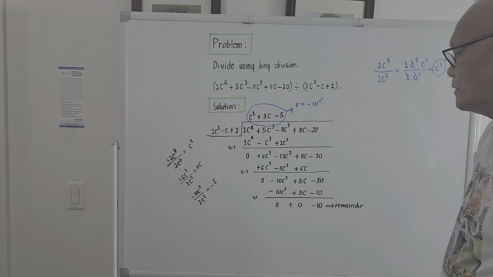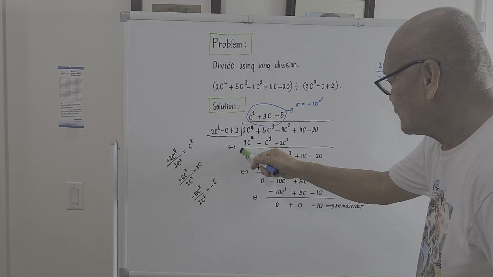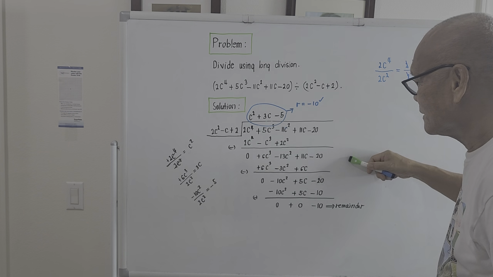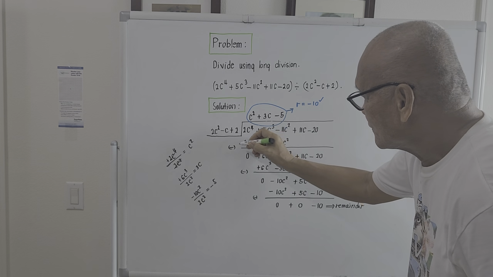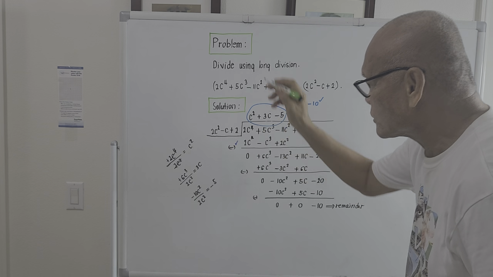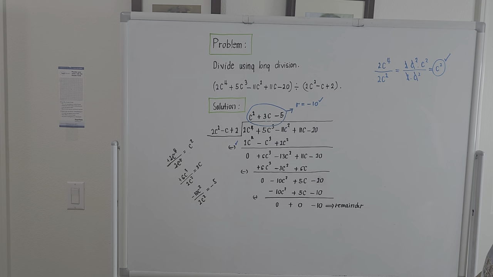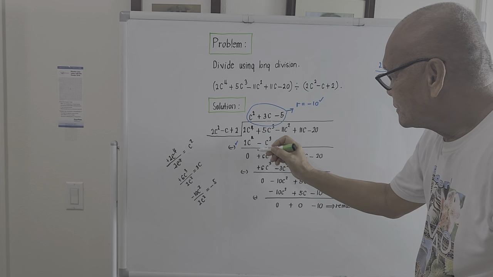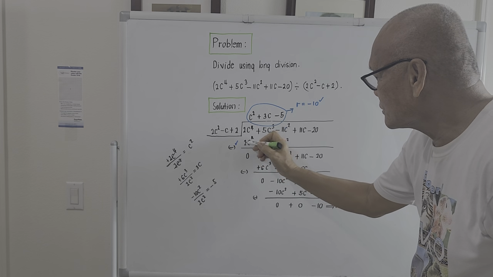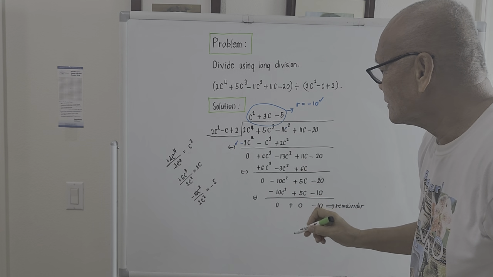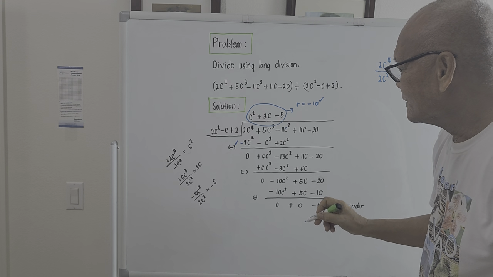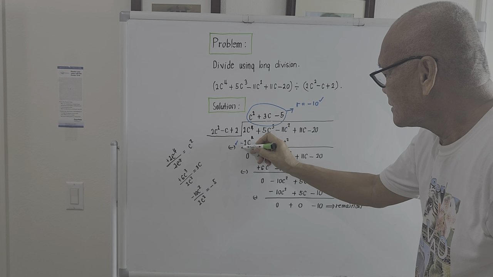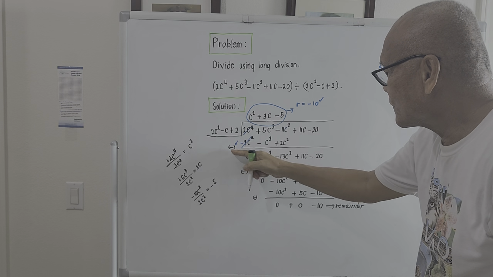Okay? Then we'll put this horizontal line here. Then we'll perform the operation subtraction. Plus 2c to the fourth, the operation is subtraction, this will become minus, right? So actually this cancels because the operation is subtraction.